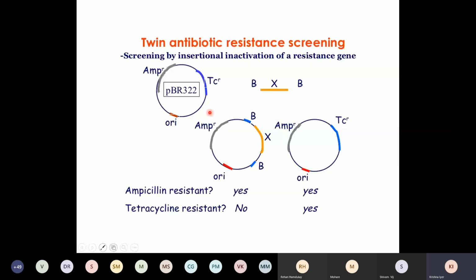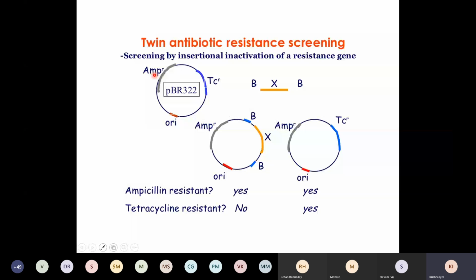Now, because I have disrupted this here, whichever bacteria carries this type of plasmid will only be resistant to tetracycline. It will not be able to show resistance to ampicillin.